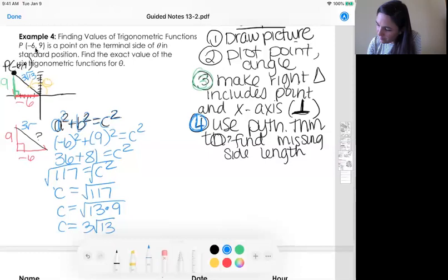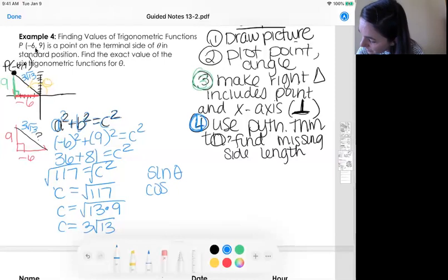Okay, all right, so now we know all of our opposite, adjacent, hypotenuse, so we can find all of our trig functions. So sine of theta, cosine theta, tan theta.